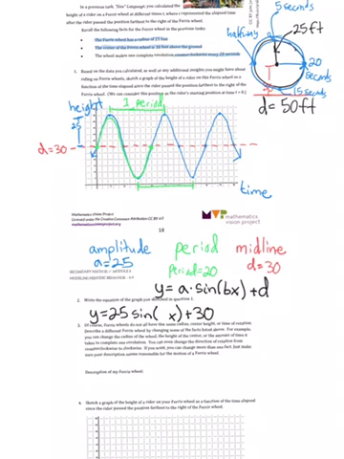Now the weird part here is the period. Right now the period we have is 20, but the b value is not a period. What we need to think back to first is the parent function, y equals sine of x. We call that the parent function because it doesn't have any transformations happening to it yet. The a value in front is just 1, that's the amplitude.